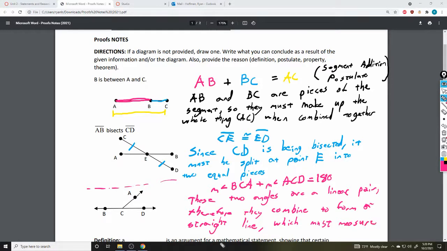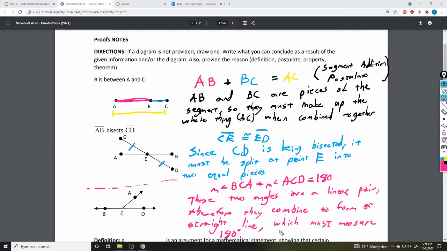It's going to measure 180 degrees. And now we have connected, linear pair means straight line, and they're combining to make a straight line, and a straight line means 180, so that's how we know they're supplementary. So now we have said more specifically a proof and shown why the term linear pair, what that has to do with adding to 180.